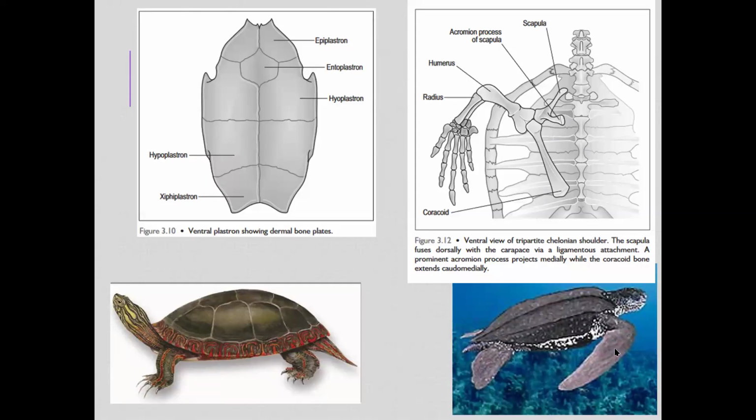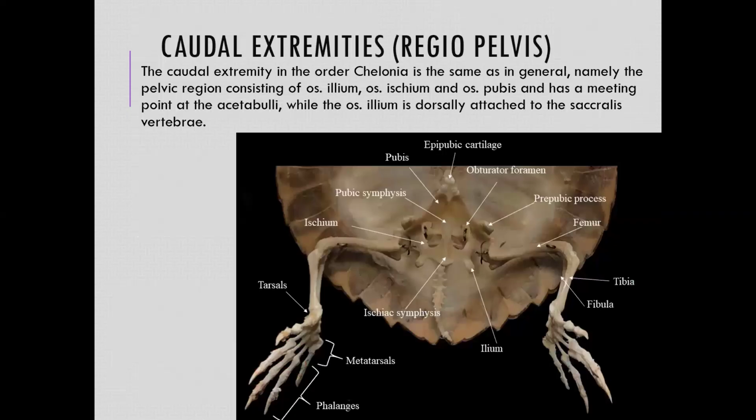But it's very different in the sea turtle, whose limb is formed like a fin, like in an aquatic animal. In another animal like the tortoise, their feet, if we compare, are like an elephant or rhinoceros foot.